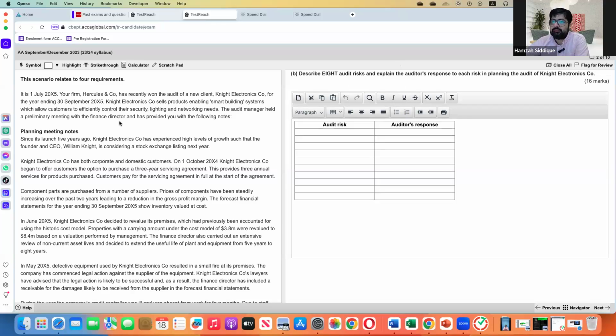Here you are. This is the Night Electronics question for you people. The requirement is in front of you. Describe 8 audit risks and explain the auditor's response to each risk in planning the audit of Night Electronics company.